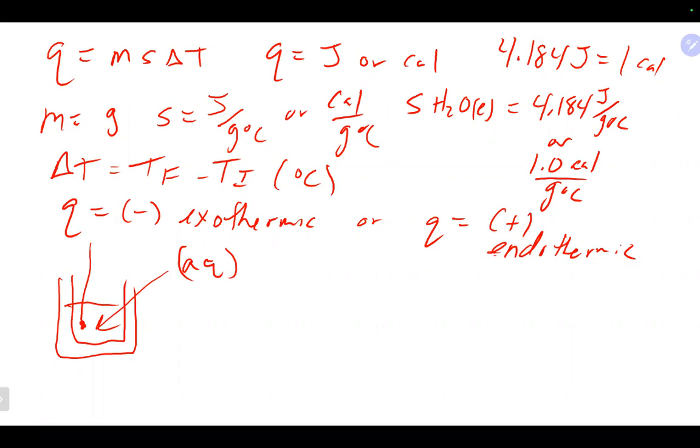Aqueous usually means it's really like water. So even if we're mixing different reagents together, they're aqueous and water-based, and we could very simply do this reaction in a coffee cup, follow the change in temperature, relate it back to water, and figure out how much heat is being released or absorbed in a particular reaction.